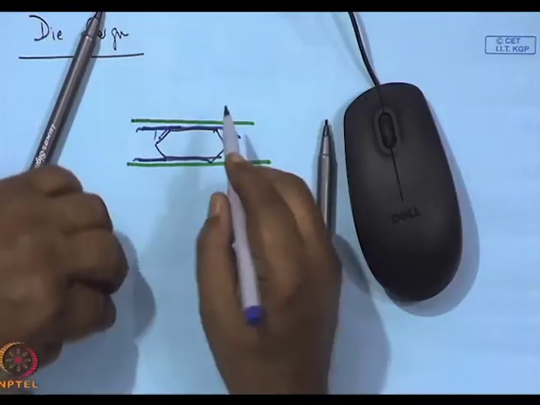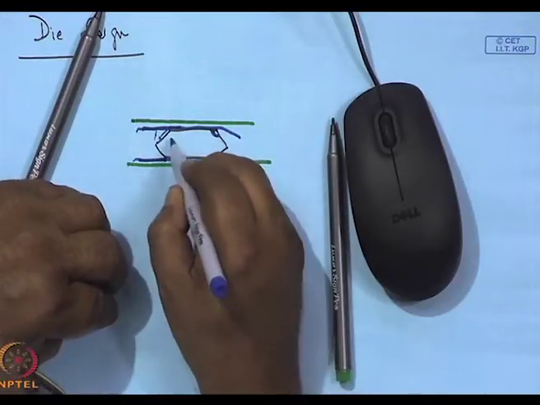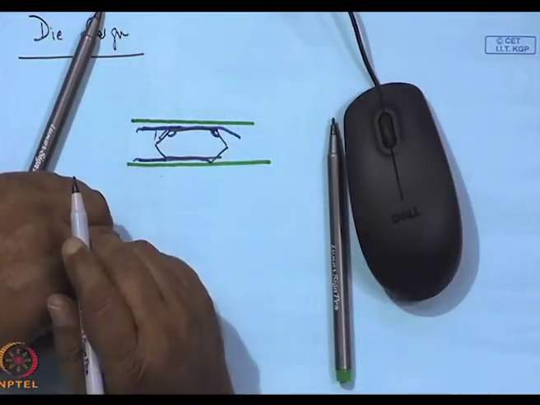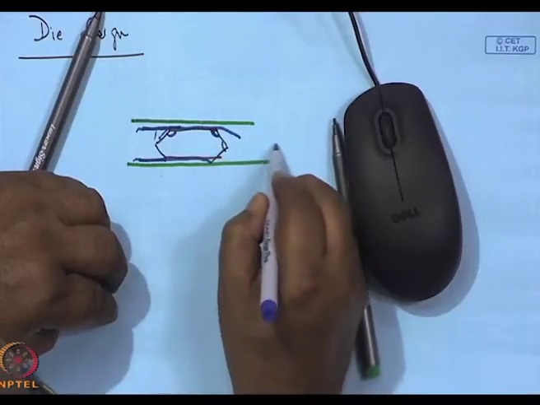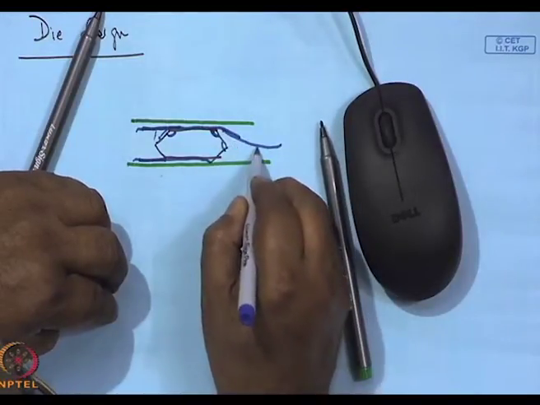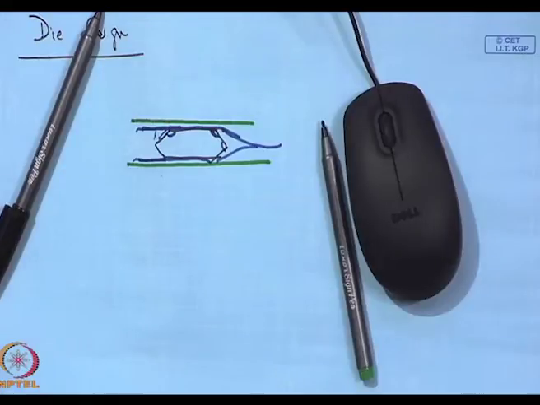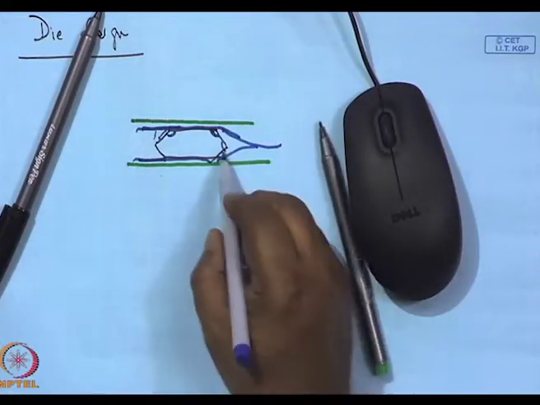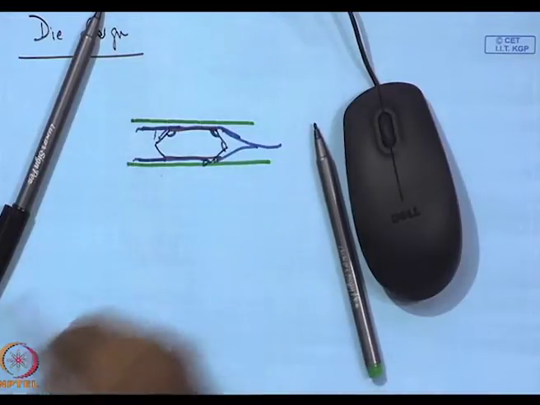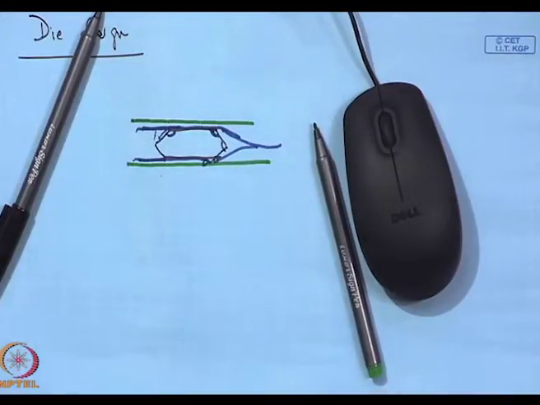So, here this angle of the die, because the flow is being diverted in these two directions, they must join without causing any turbulence, because any turbulence at this point would cause defects over here. So, the die design, the smoothness of the die is of paramount importance.